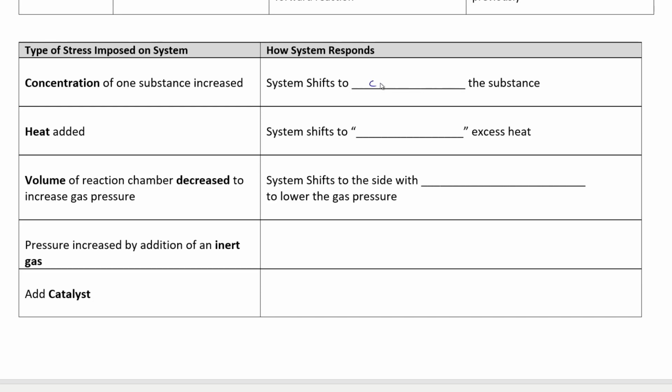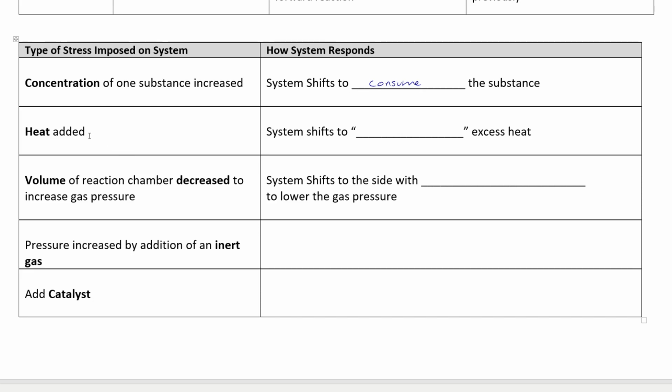This makes sense because you are increasing the concentration, that is the stress you're imposing, and the system reverses that stress by reducing the concentration of the substance that has just been increased. Okay.